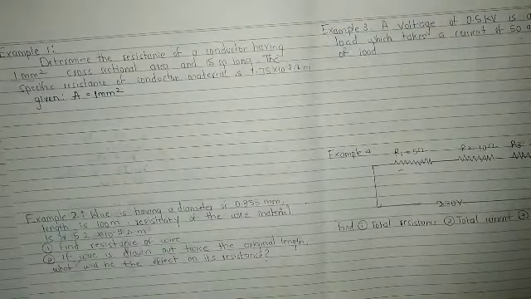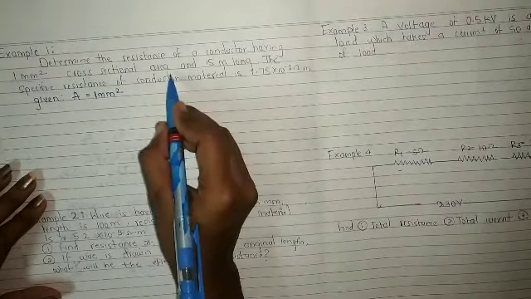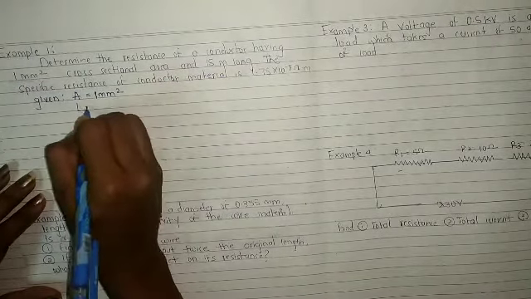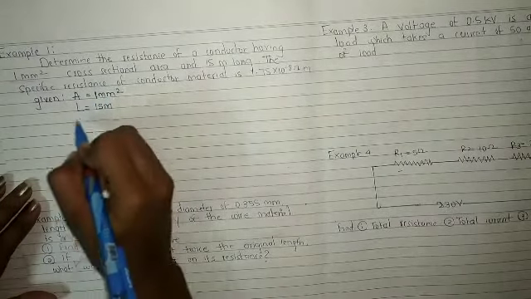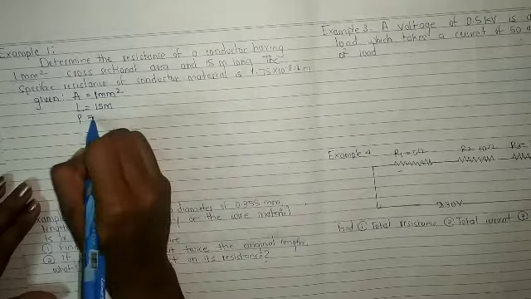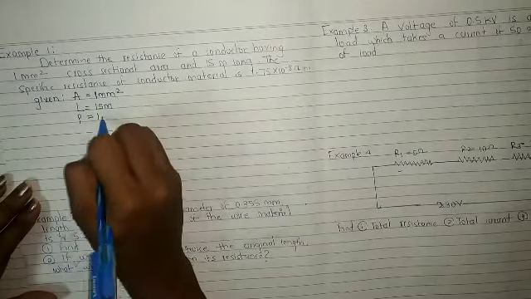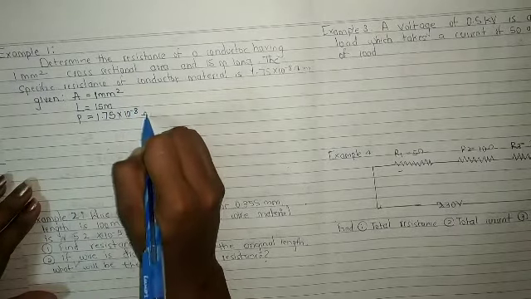The length is 15 meter. The specific resistance, this is rho, of the conductor material is 1.75 into 10 raised to minus 8 ohm meter.